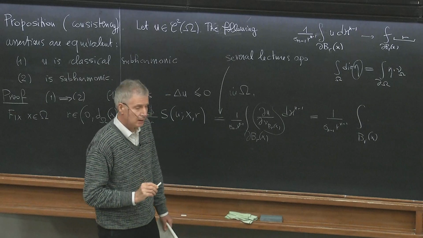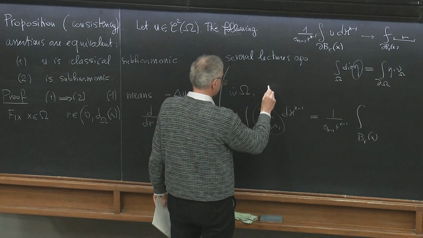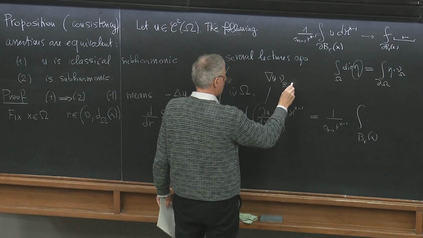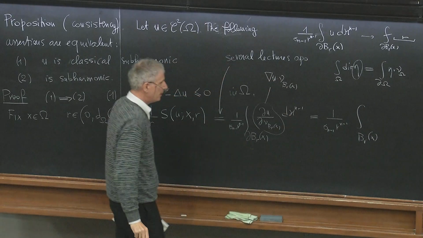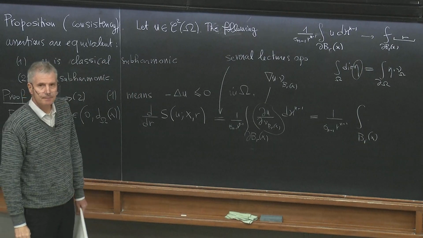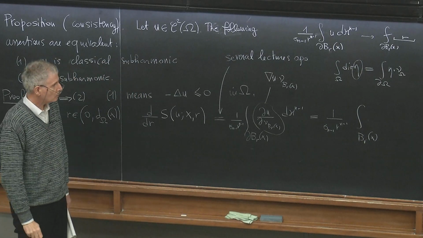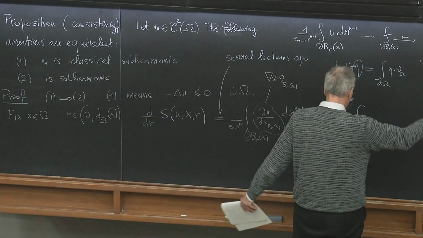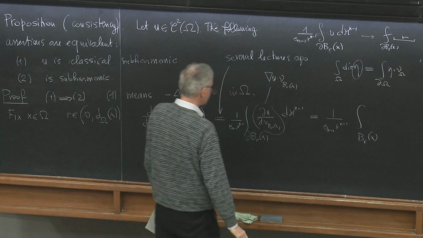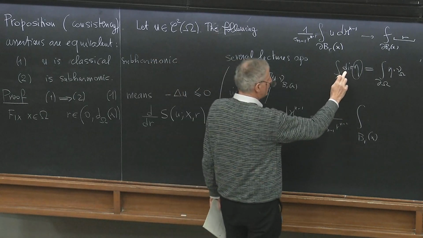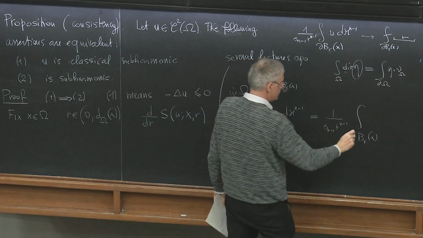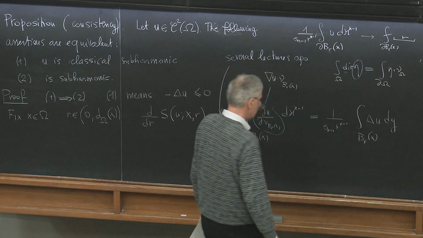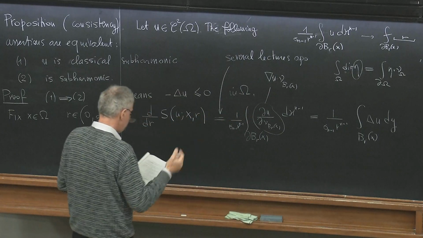This is by definition. Therefore, which is the vector field eta? Nabla u, the gradient of u. Perfect. And so here, the divergence of the gradient is the Laplacian. So we have this, and this we know. This has been done a lot of time ago.